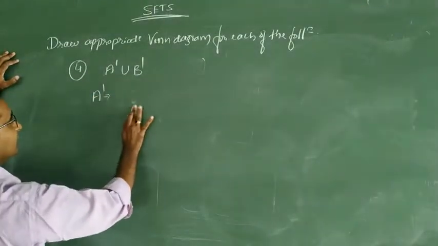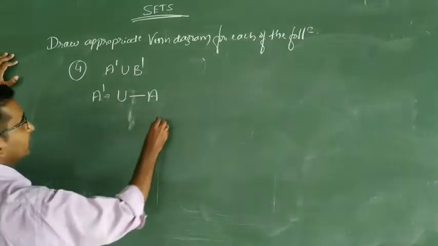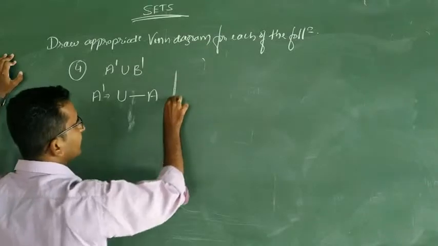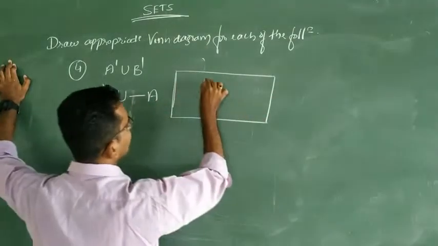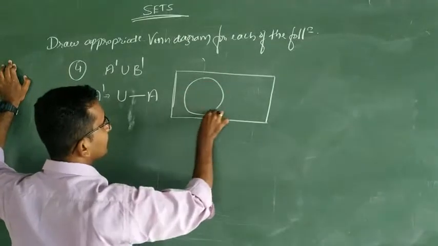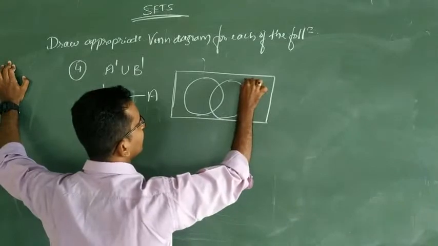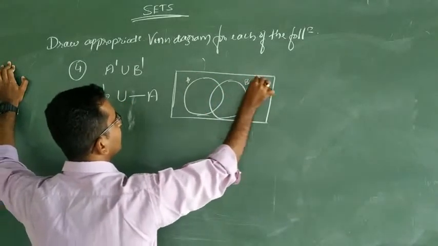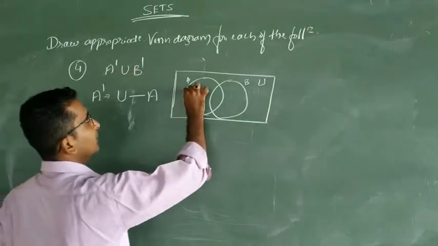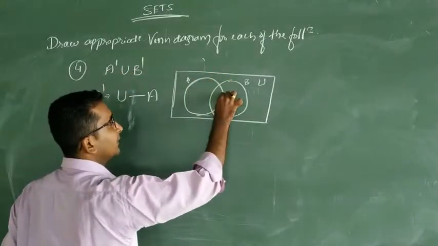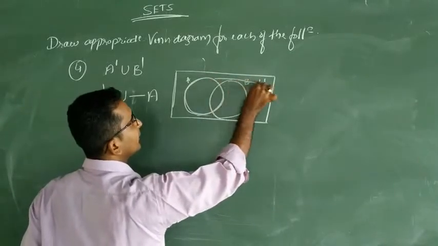A dash is nothing but the elements which are present in U but not in A. That means leaving the A set, you fill up all the remaining region.